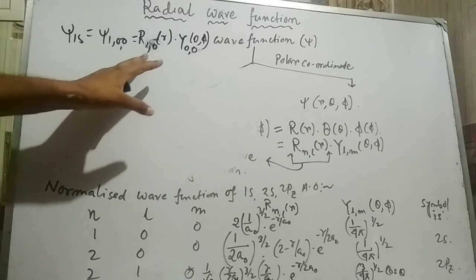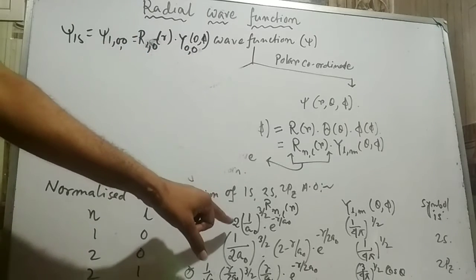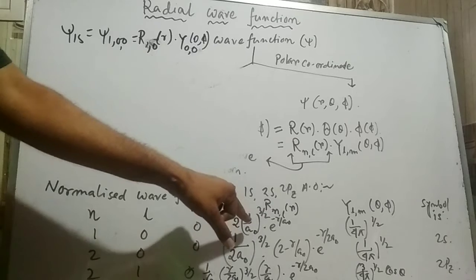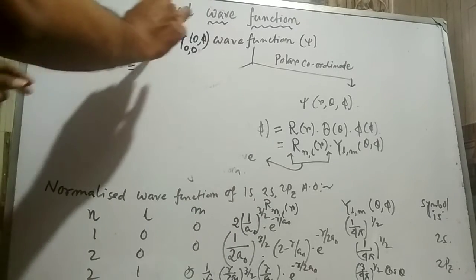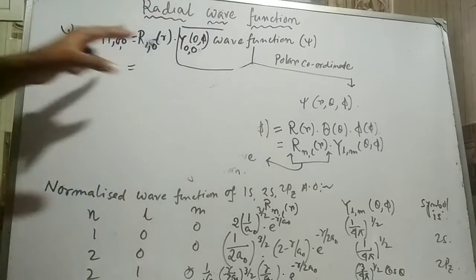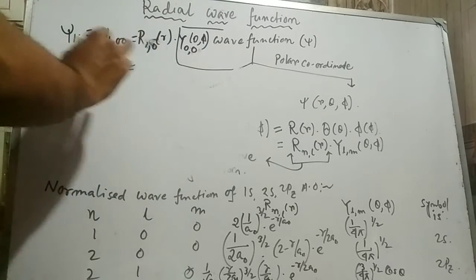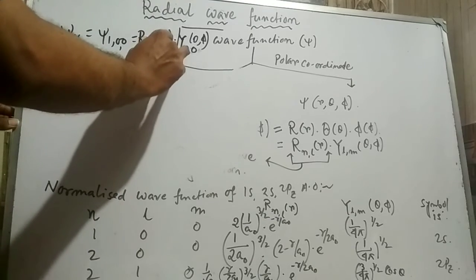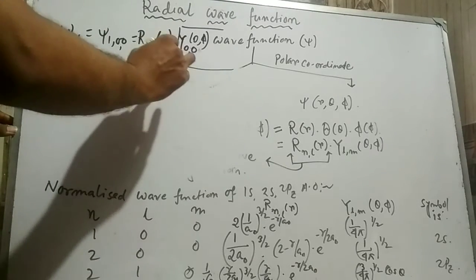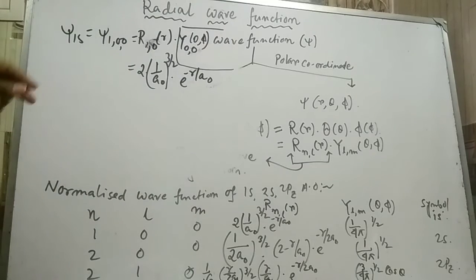This is the radial function and this is the angular. Today I discuss only the radial wave function. The radial wave function for the 1s atomic orbital is psi 1s = 1 by 2 into (1 by a0) to the power 3 by 2 into e to the power minus r by a0.